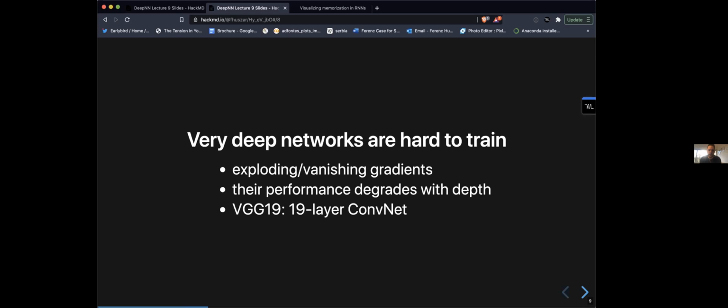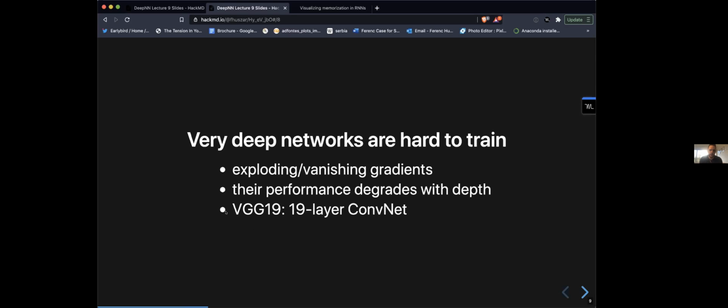In fact, one of the deepest networks at the time was VGG19, which was a 19-layer ConvNet. And this is a very, very simple ConvNet that has only 3x3 convolutions. I'm going to show a picture of it. But it only had 19 layers.